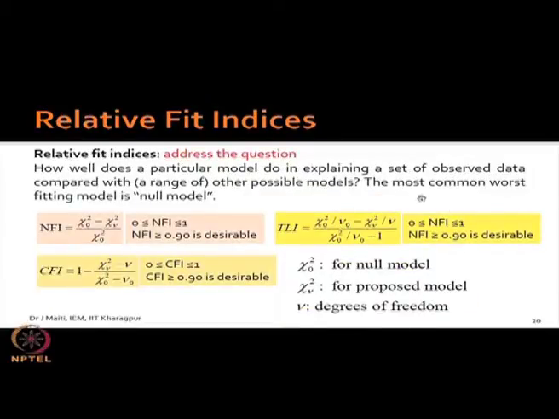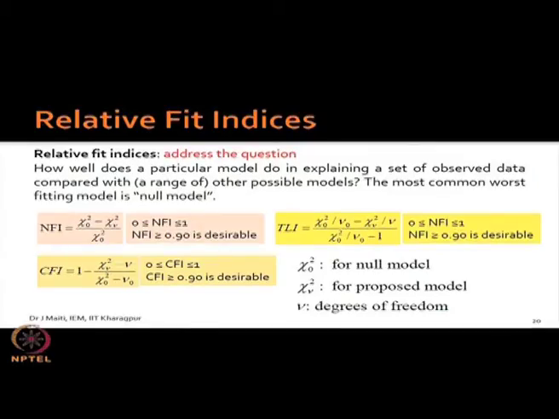Then relative fit index. Now, how well does a particular model do in explaining a set of observed data compared with a range of other possible models? Here you create nested models, several models, and then you compare one model with another and say which model is better. Based on this you create an index, and that index talks about your model adequacy, or in other words improvement in terms of model adequacy. Okay.